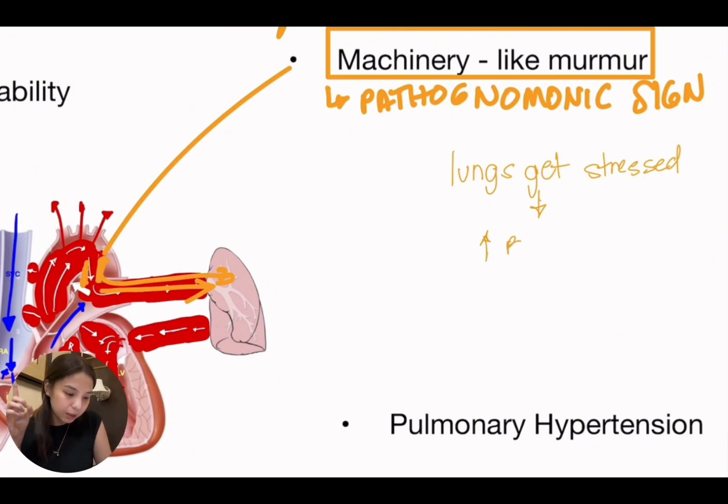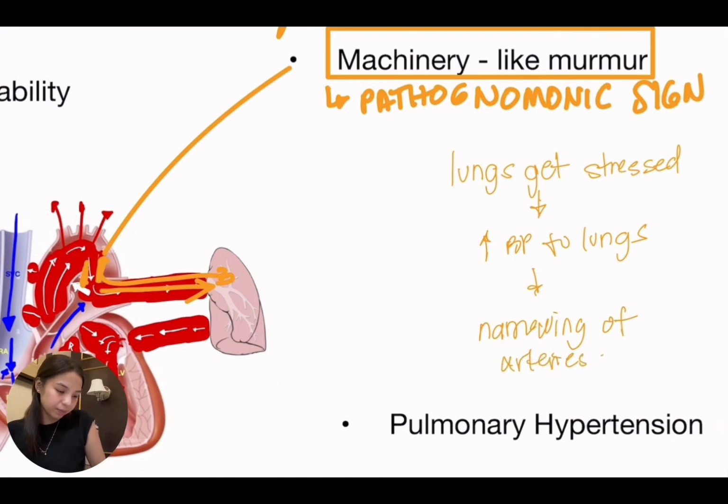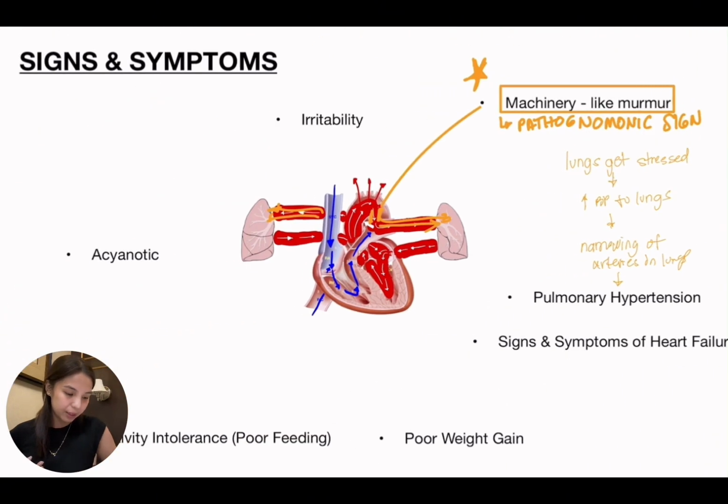There's increased blood pressure in your lungs. Eventually, when there's too much pressure, there is narrowing of the arteries in the lungs, which leads to pulmonary hypertension. So too much blood is brought to the lungs, the lungs get stressed, the arteries narrow, and that leads to pulmonary hypertension.